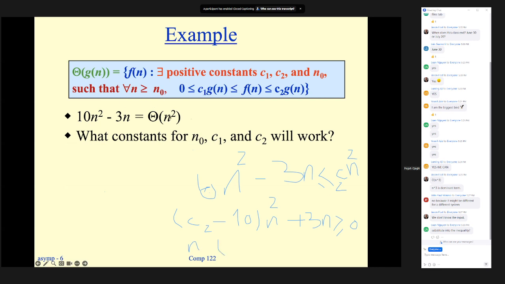I can just get n out of these things, and it's going to be positive. Because we know it's going to be positive, C2 minus 10 n plus 3 is going to be higher than 0. So this is the multiple of all of them here. If I know n is positive, what does that mean?